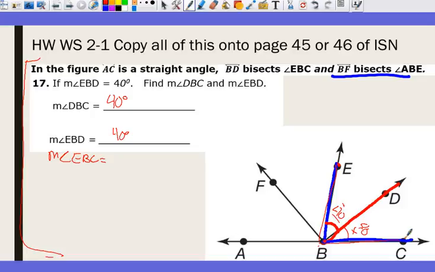Okay. Guys. It's going to be 80 degrees. Why? Because 40 plus 40 equals 80.